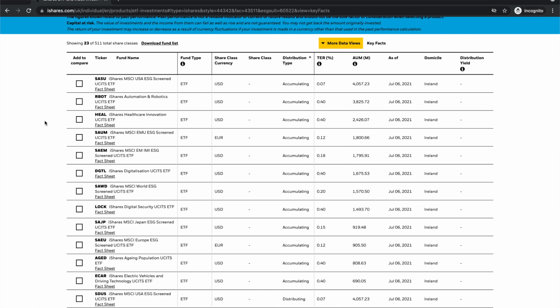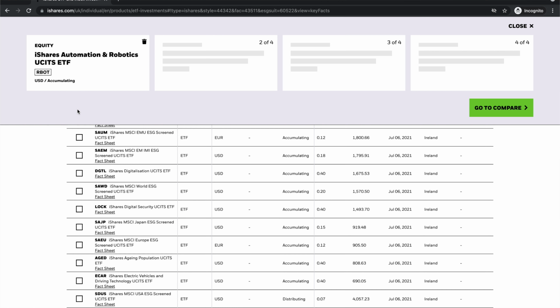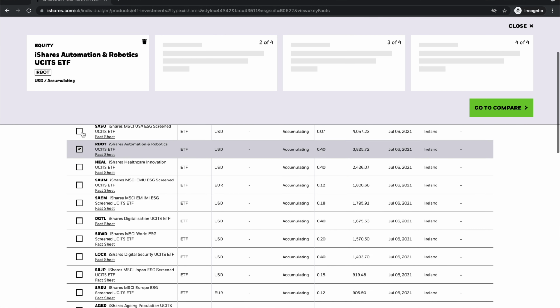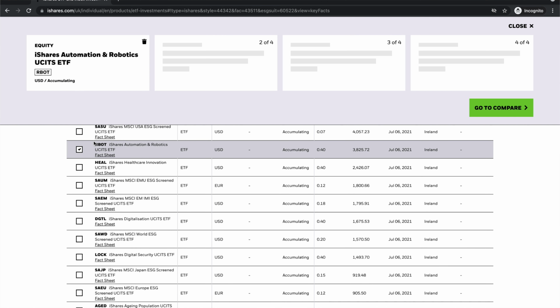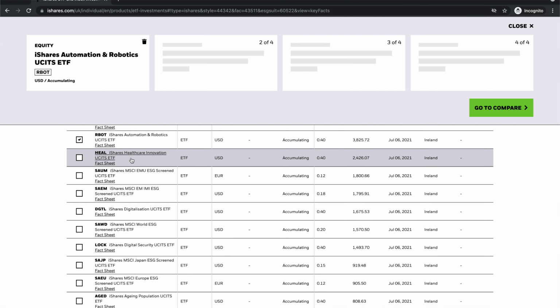There are a lot of interesting names here. iShares allows you to compare up to 4 ETFs, so I'm going to select 4 that look interesting. This one, RBOT, Automation and Robotics ETF. Let's select that one. Okay, this one, Healthcare Innovation ETF, HEAL, sounds good.